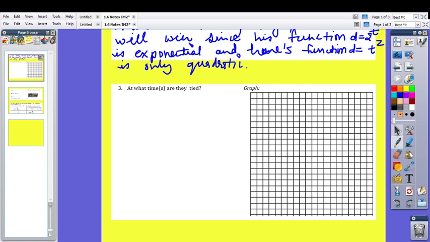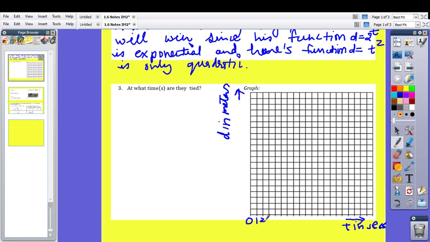Now this one is asking at what time are they tied up. As we know, they were tied up at t equals 2 and t equals 4 as we looked in the table, but this one is asking us to do the same thing using the graph. So let's draw our graph. This is your t in seconds, and this side is distance in meters, and we will be going up to 6 seconds.